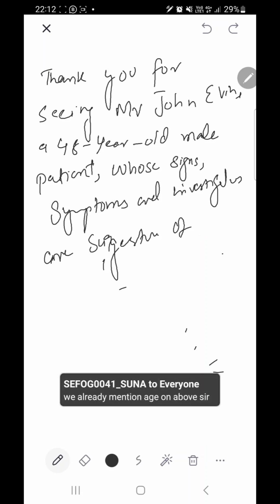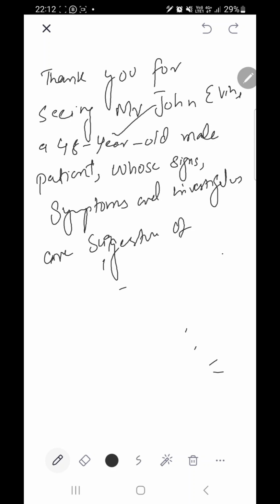If we have mentioned it, we cannot mention it again. So signs are suggestive of. Let's say we can write it down in full form.